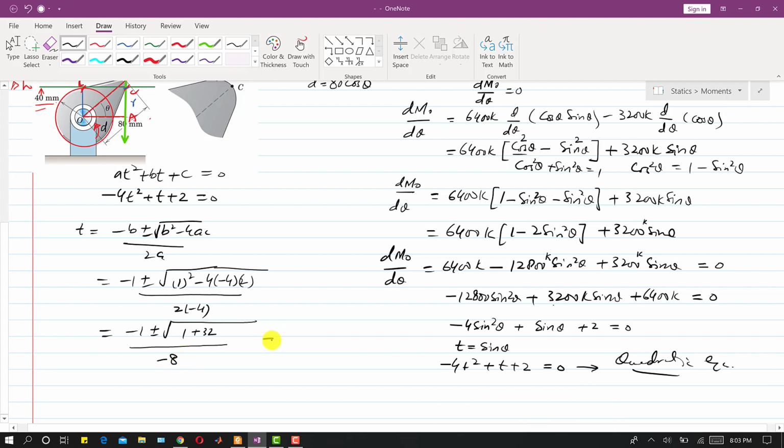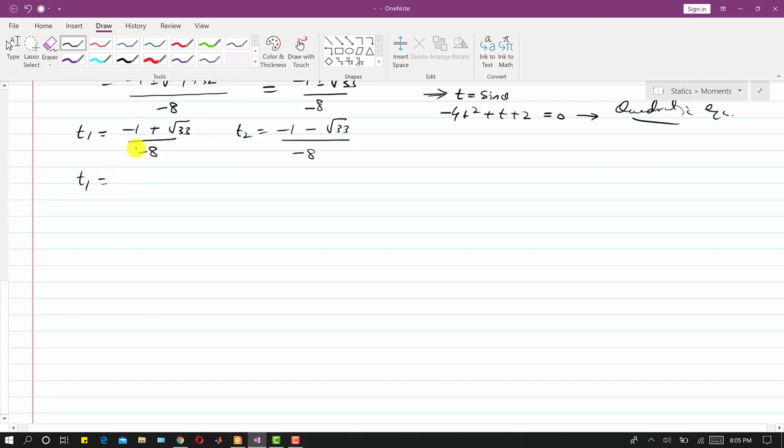So this equals minus 1 plus minus root 33 divided by minus 8. So there are two solutions. One is t1, which is equal to minus 1 plus root 33 divided by minus 8, and the other root is t2, minus 1 minus root 33 divided by minus 8.